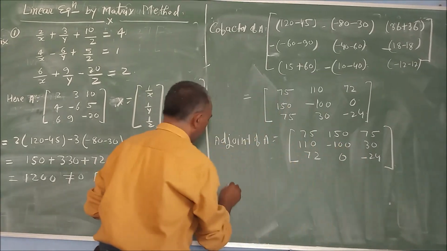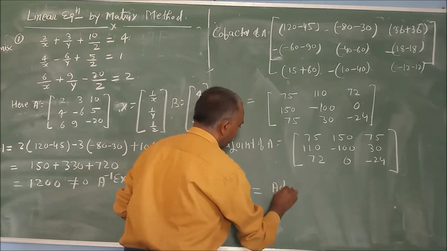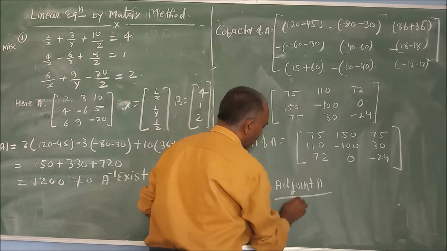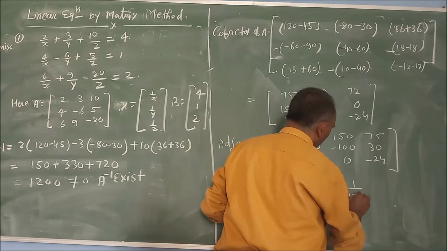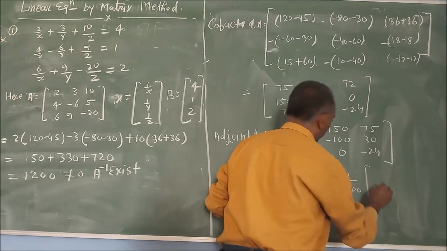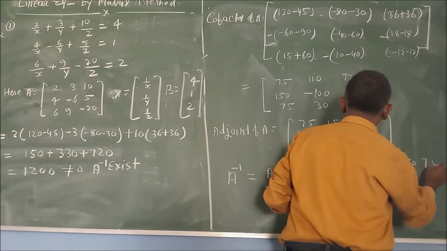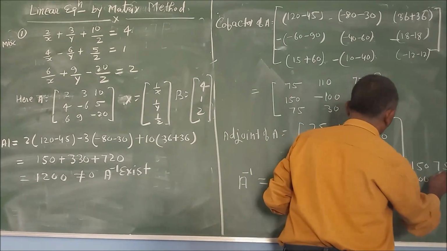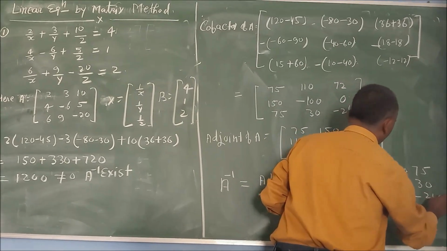So we will use the formula A inverse is equal to adjoint of A upon determinant of A. So this will equal 1 by 1200 into 75, 150, 75, 110, minus 100, 30, 72, 0, minus 24.